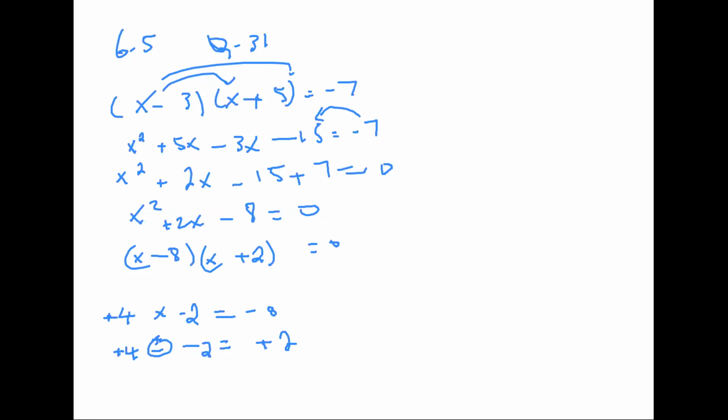Professor, not 8, it's 4 and negative 2. 4 times 2 is 8. The first one. Yeah, so 4 times 2 is negative 8, right? We want this. And then positive 4 minus 2 is positive 2 here. Okay? So we want this and this.